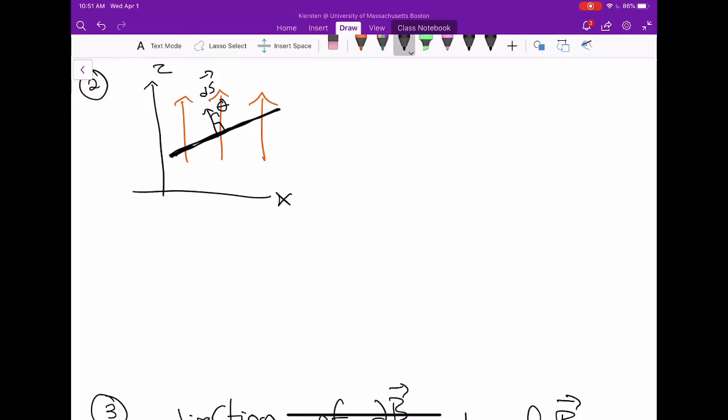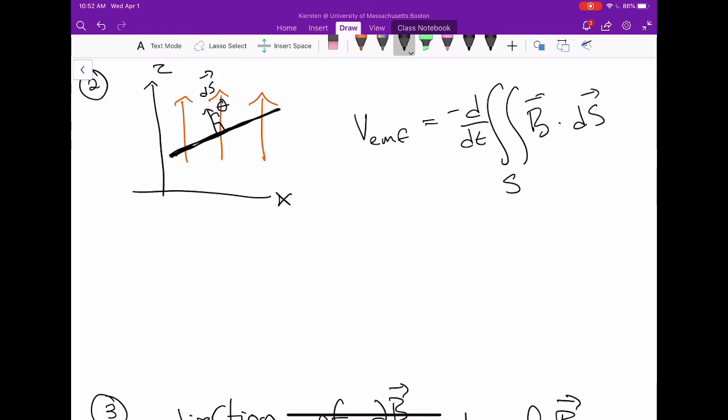If the loop is at an angle with respect to the magnetic field, what that means is that inside our Faraday's law integral, this dot product, which, if you remember, since the only thing that's time varying in this equation is B right now, that's going to be the same as writing it this way.